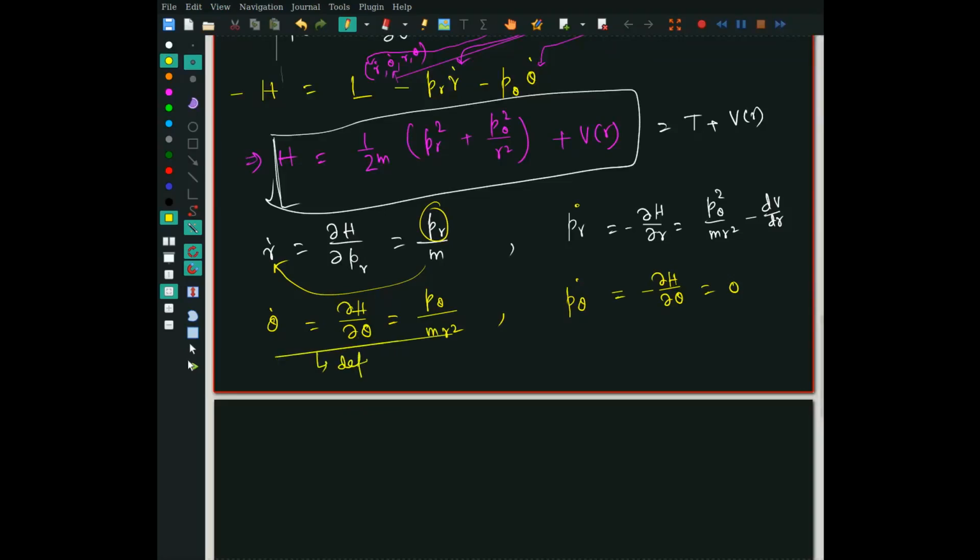This gives you the definition of angular momentum, and this is a restatement of Noether's theorem: the angular momentum is conserved.